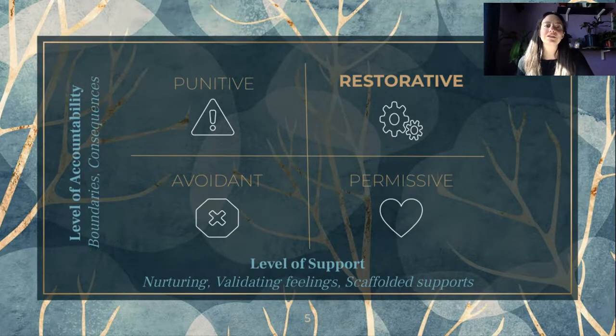Scaffolding supports for the student to be able to meet the expectations we've established for following up on our consequences. When we are in this sweet spot of high accountability and high support, we are doing discipline with the student. And through modeling, this is how we transfer the skills of self-discipline so that the students will be increasingly equipped to navigate future conflicts independently.